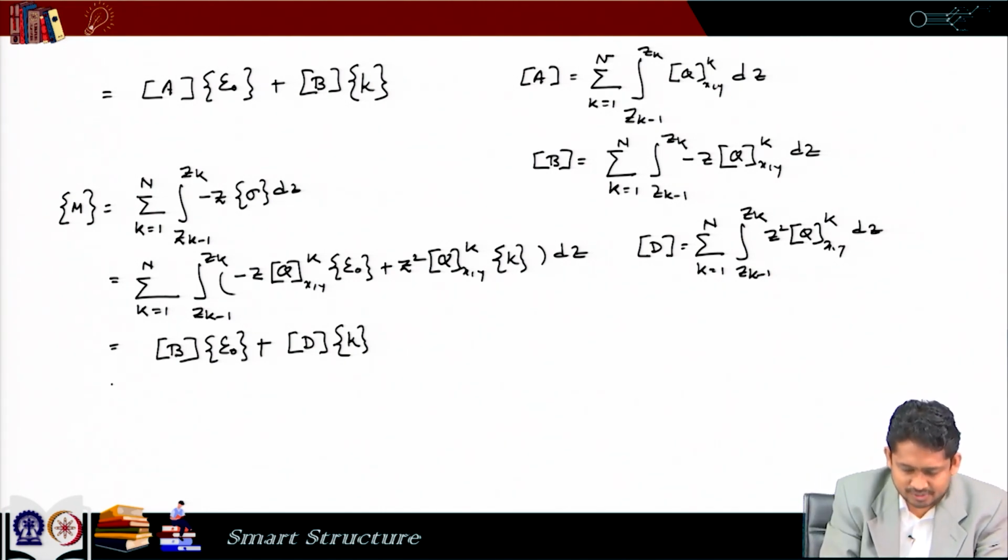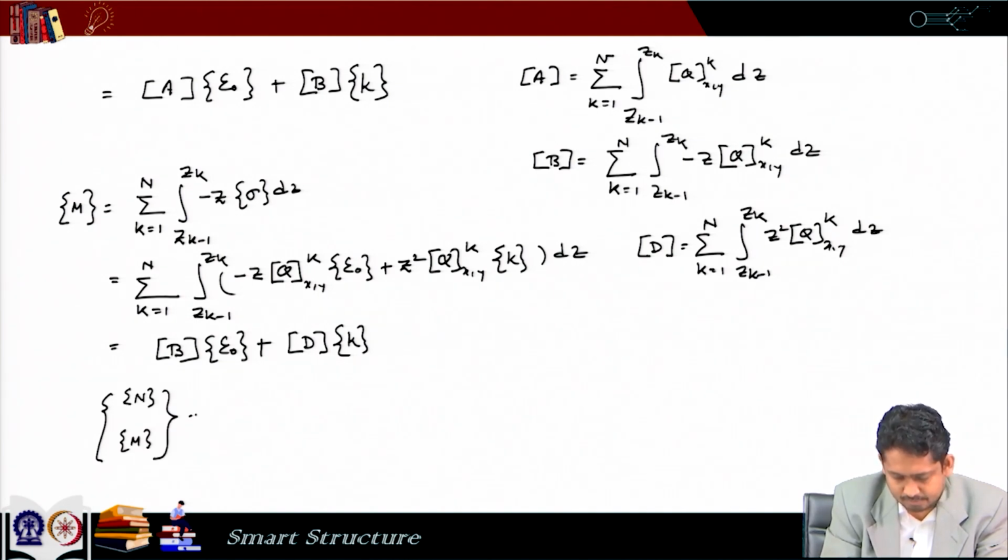Now, we can always write this entire quantity in a more compact form as this.